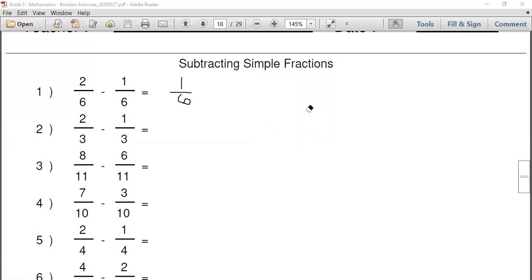Nice and easy. Now, if we look at number 3, I've got elevenths, and I start with 8, and I'm taking away 6. Because my denominators are the same, I am allowed to minus my numerators. Therefore, 8 minus 6 gives me 2.